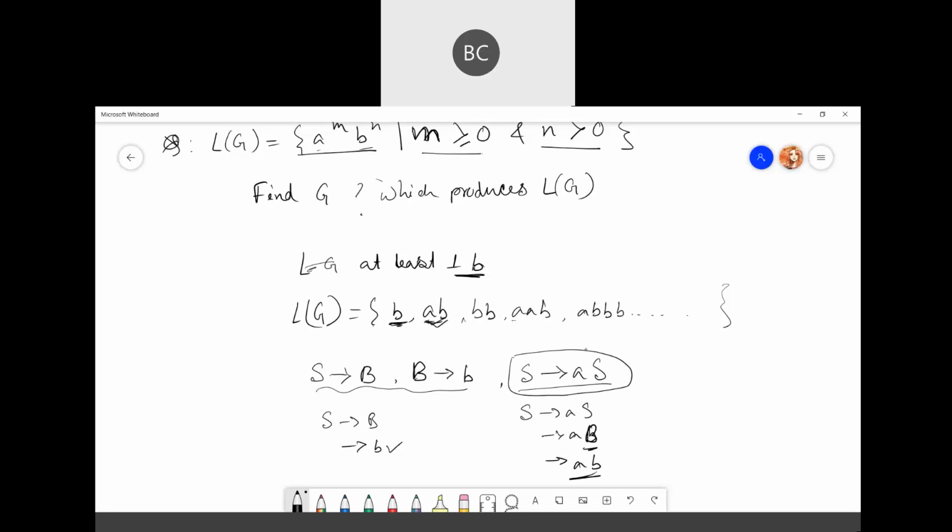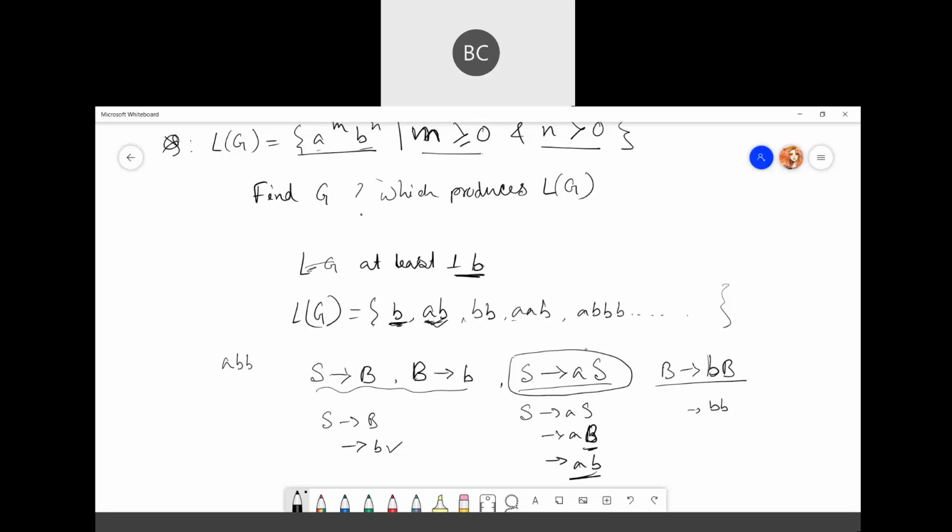Okay. Now we need another production from where we can also generate strings like abb, something like this. Okay. So now if I take another production rule, B equal to bB. Okay. From B, it will go to a small b, and again it will go to a capital B. So from here, I can just use this one. That means you can generate bb. Right?